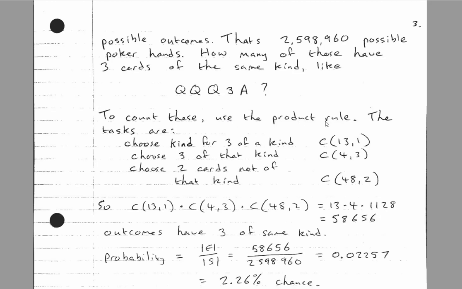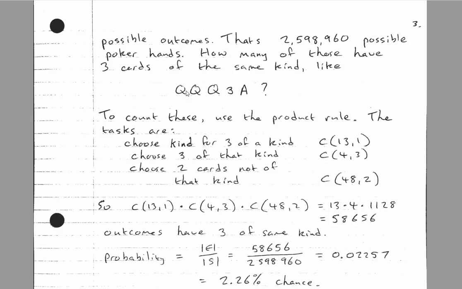As usual, we're using the product rule. Remember, you can think of the product rule as a series of tasks: how many ways to do the first times how many ways to do the second. So if you're trying to construct a hand like this, how many ways to do it?